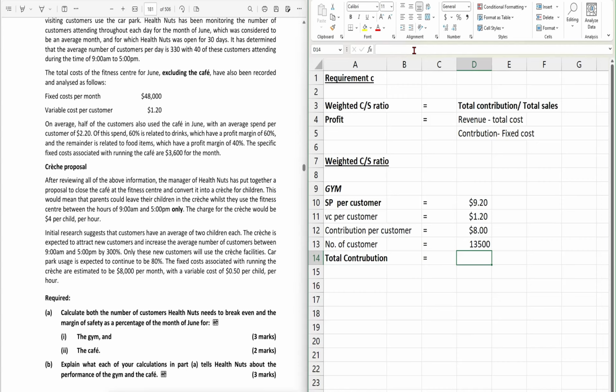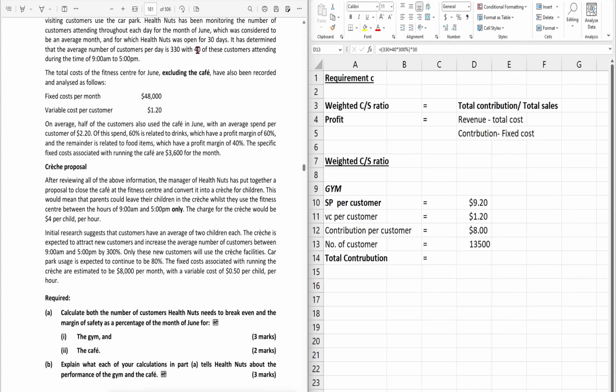So I will repeat one more time. Basically, the number of customers for the gym is 330. Up to here, you are clear, right? So in this 330, there are 40 customers who used to attend the gym during 9 a.m. to 5 p.m. So if the health and fitness company chooses the crèche proposal, the customers who used to attend between this time will increase by 300%.